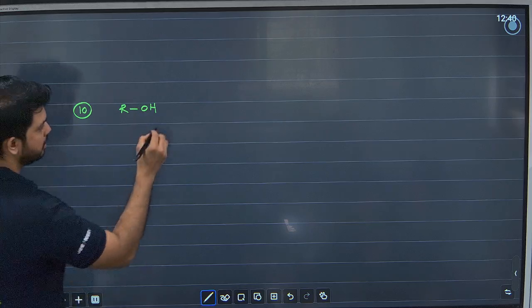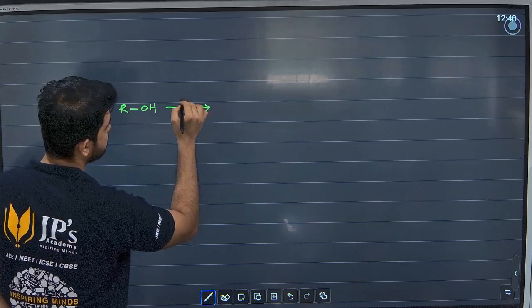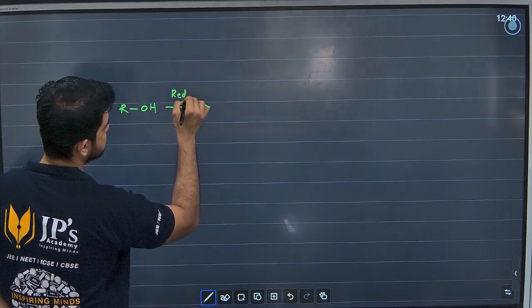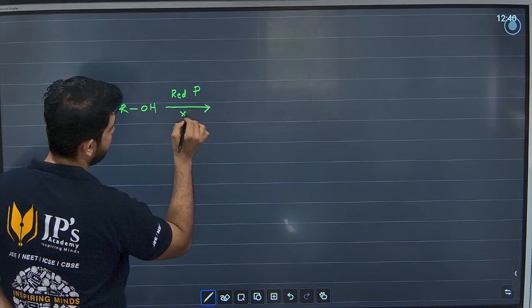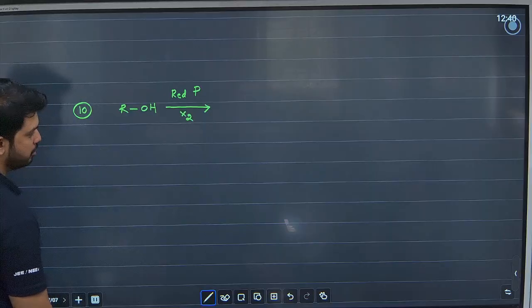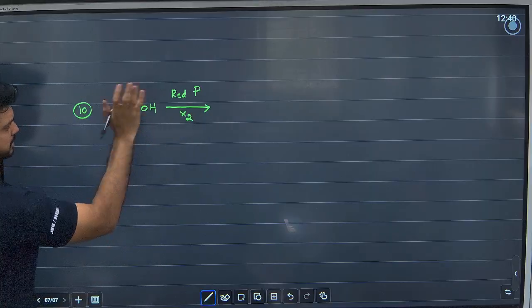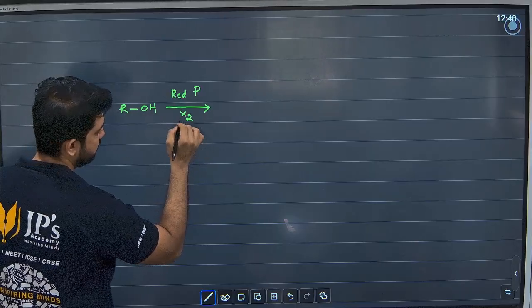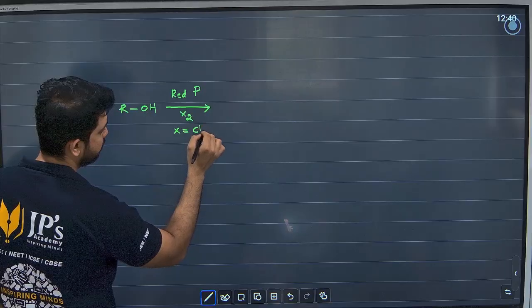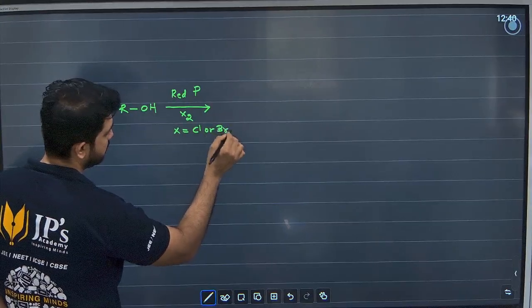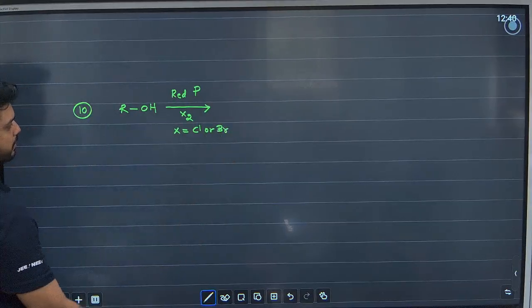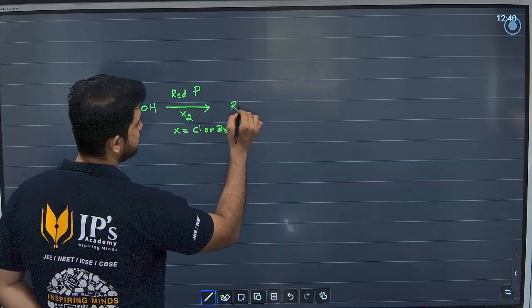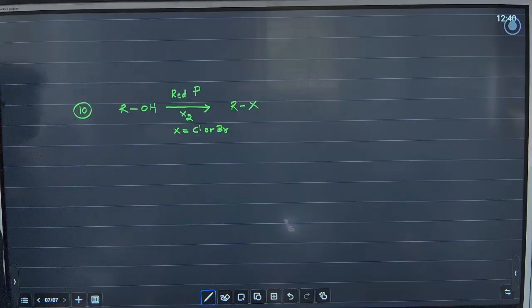I have alcohol in the presence of red phosphorus and halogenation. We're just performing halogenation, but in the presence of red phosphorus. Here X can either be chlorine or bromine. What we get is RX.